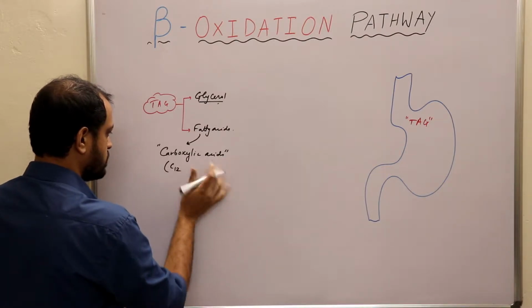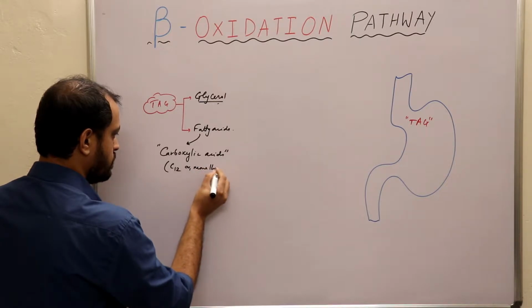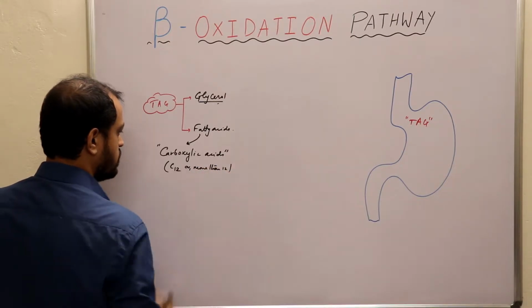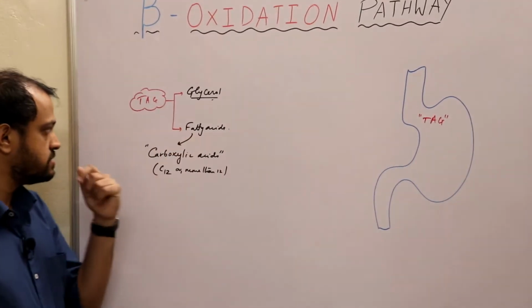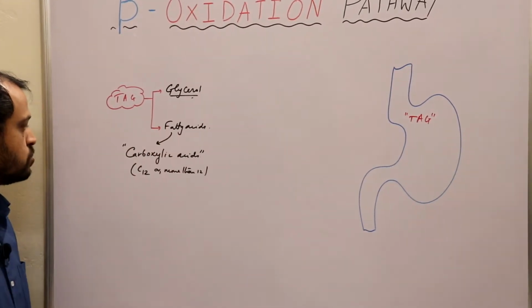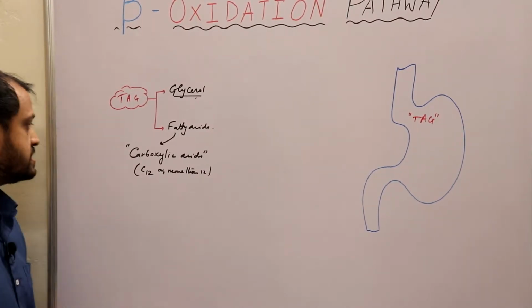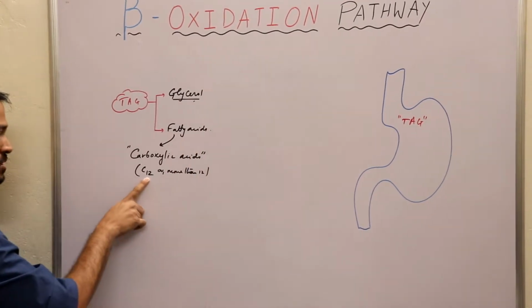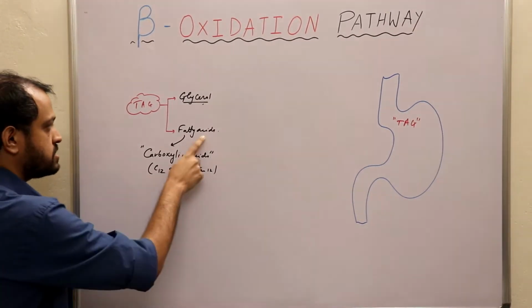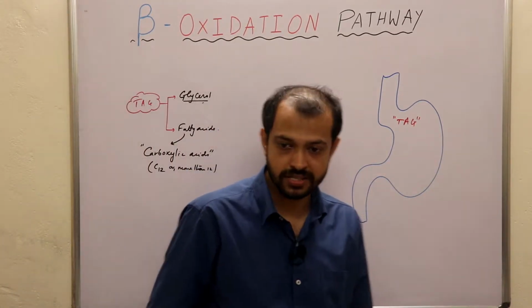Those fatty acids which have carbon number more than 12 will be considered the real players in beta oxidation.